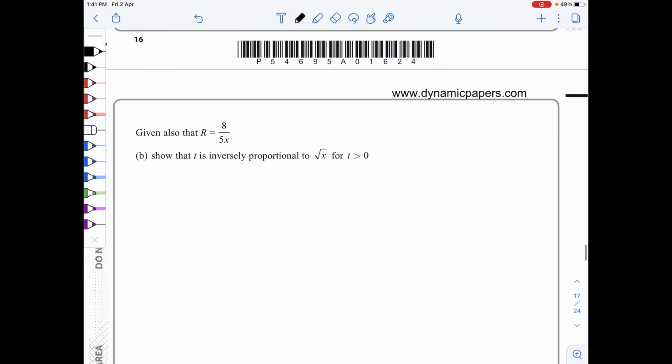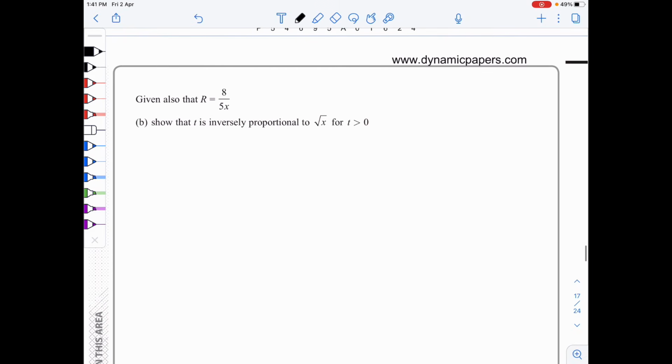And then, given also that R is 8 over 5x, show that T is inversely proportional to root x for T greater than 0. So, we know that R is 2.5 T squared, and we also know that R is 8 over 5x.